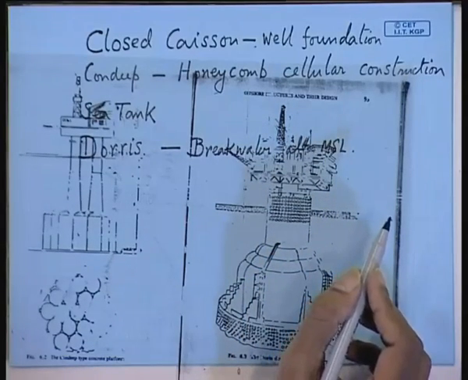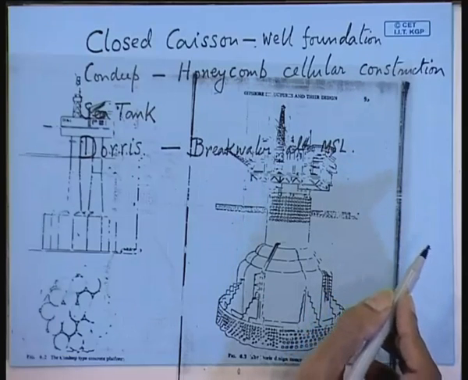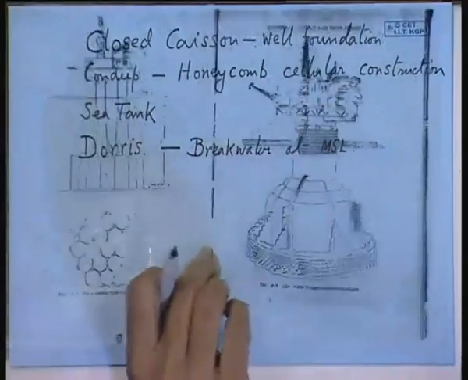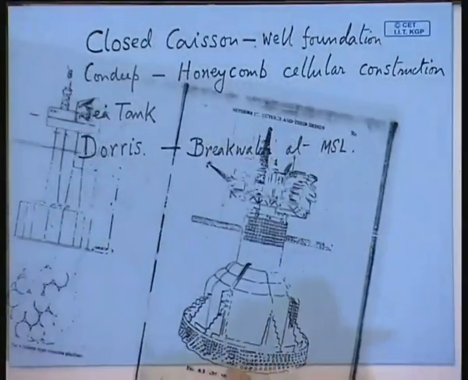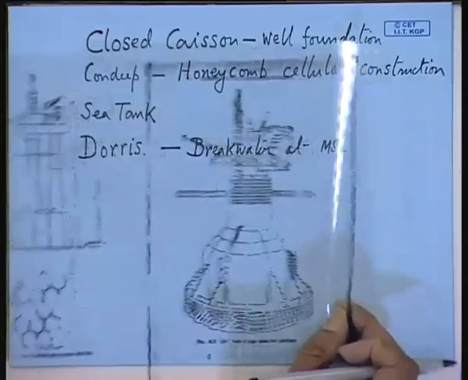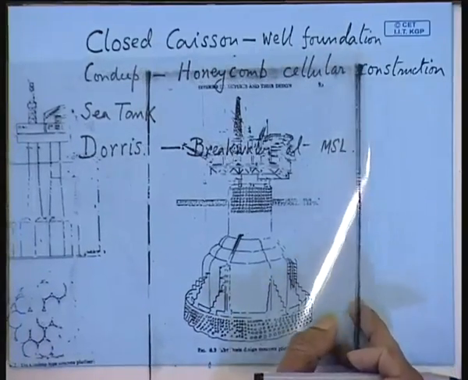So, of the gravity platforms, the three types normally used, the Condeep and the sea tank are used in less waves. Doris design you can use for more extensive waves, and these are the two basic things.